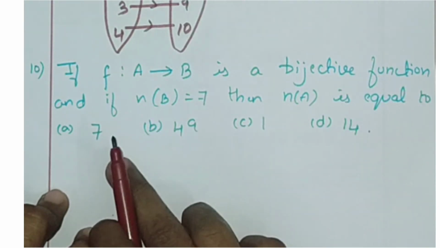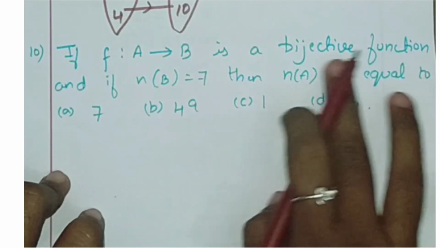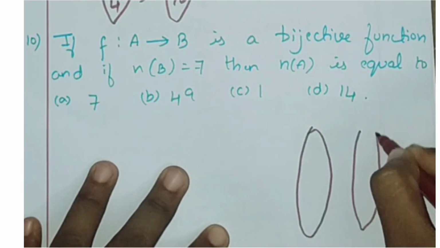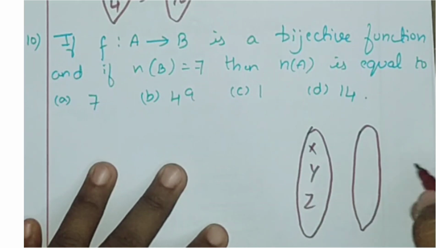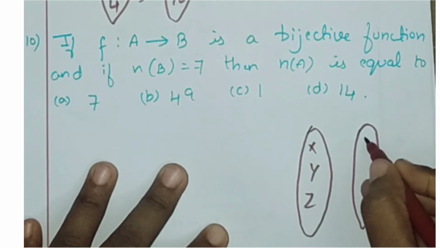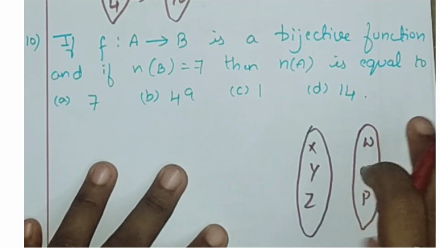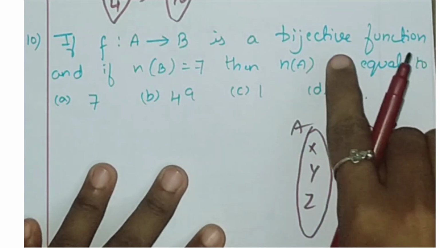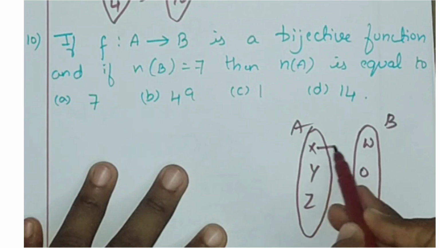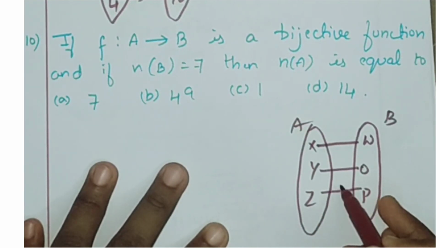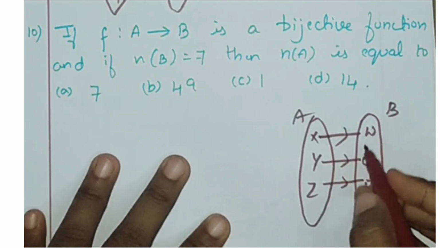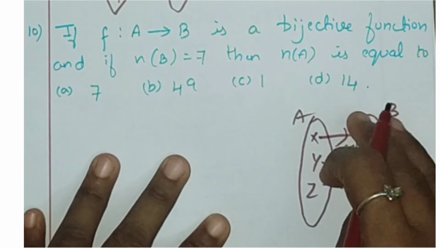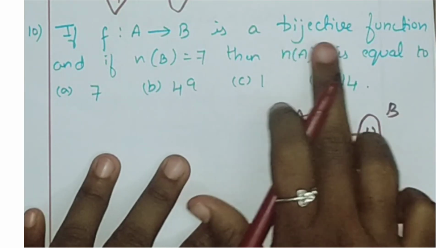You have to find n of A. Bijective function means, if you have some elements in A, say x, y, z, and some elements in B, say w, o, p, every element in A has its unique image in B and every element in B has its own unique pre-image, which means one-one and onto.